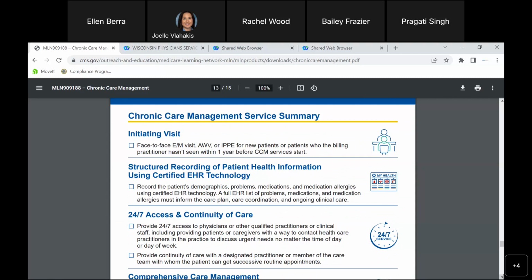We encourage you to take a look at those. I think I saw that Mary had placed the URL or the link to that in the chat function. So this has been just a brief overview of chronic care management. Now, obviously, this has not been all of the information on chronic care management, but just a brief overview.